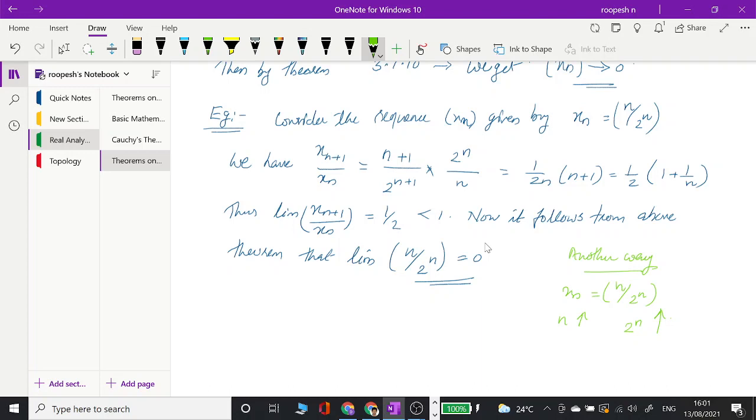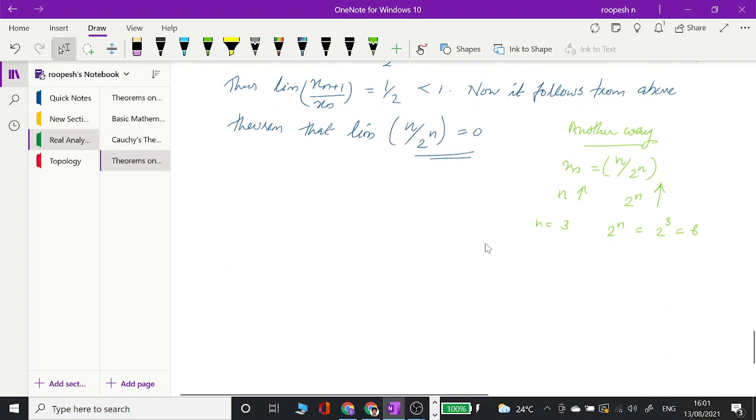So for n equal to 3, the numerator is 3, but the denominator is 2 raised to 3, which is 8. When n equal to 4, 2 raised to n becomes 16. When n equal to 5, 2 raised to n becomes 32, right?